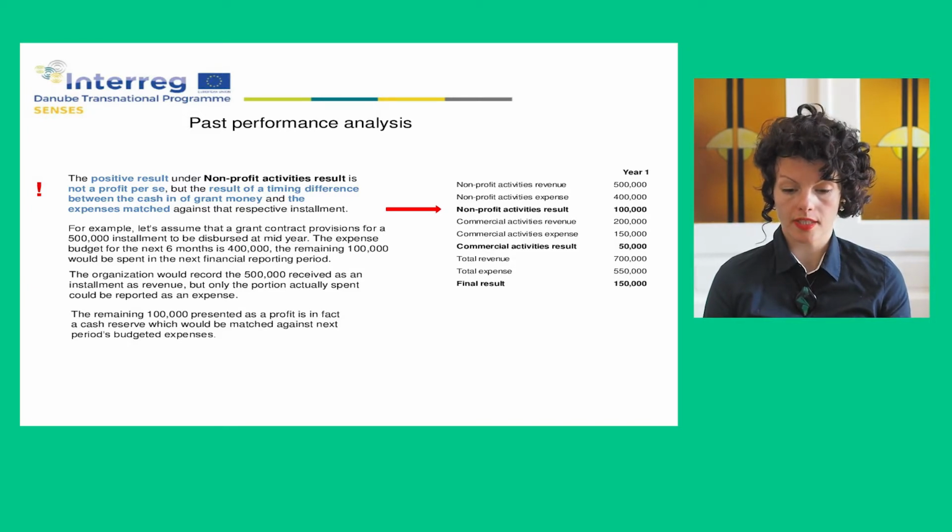The remaining 100,000 would be spent in the next financial reporting period. The organization would record 500,000 received as an installment as revenue, but only the portion actually spent could be reported as an expense. The remaining 100,000 presented as a profit is in fact a cash reserve which would be matched against next period's budgeted expenses.